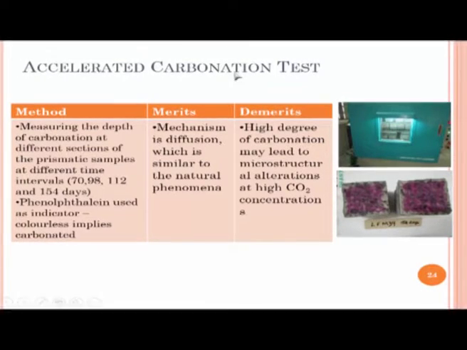So the carbonated areas on the surface of this concrete remain colorless, whereas the interior areas which are not carbonated turn pink on the application of phenolphthalein. That is a simple measure of how deep your carbon dioxide has penetrated.